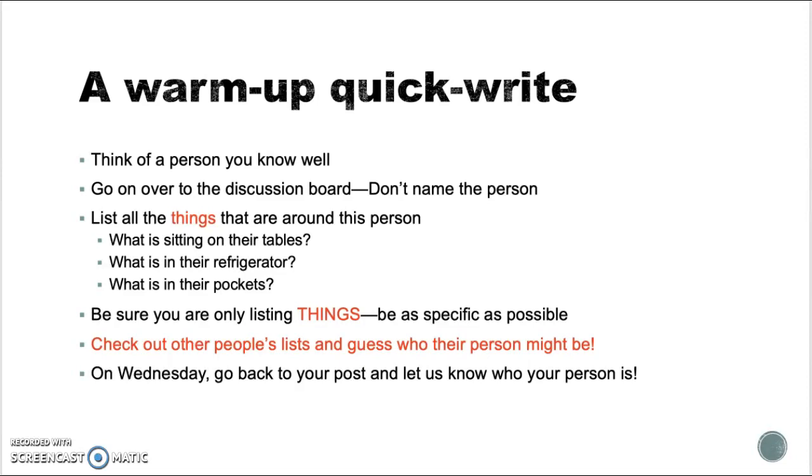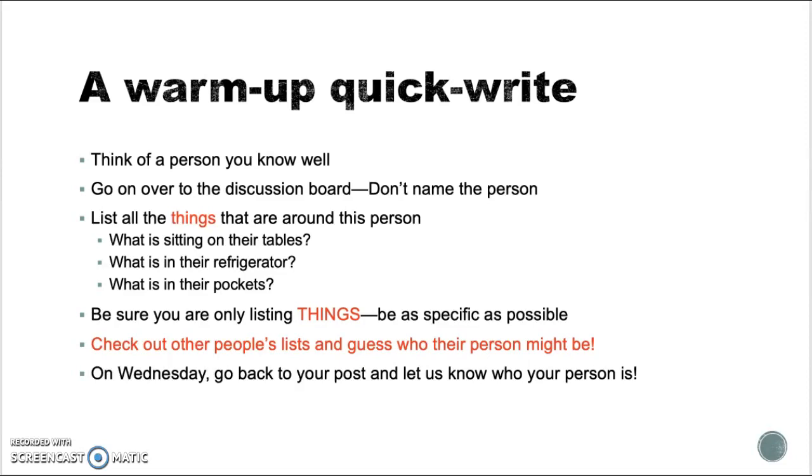I want you to do that, but I don't want you to name the person. I don't want you to be like, this is my grandma. No. Leave that off. And then when we go back in, when you read each other's, you can guess to see if you can guess who the person is. Now, obviously, you're probably not going to have proper names like, oh, this is your mother who is Sally Fields or whatever.